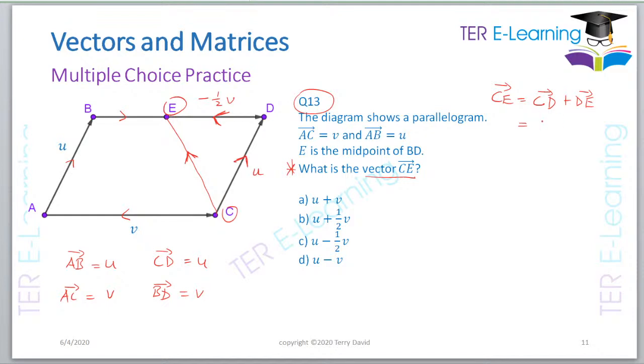So CD, we know is U, plus the vector DE, which is really minus a half V. So this answer here is U minus a half V, right? That is the vector CE. All right, so I see most of you all put C for the answer. So that's correct. So the answer is C.